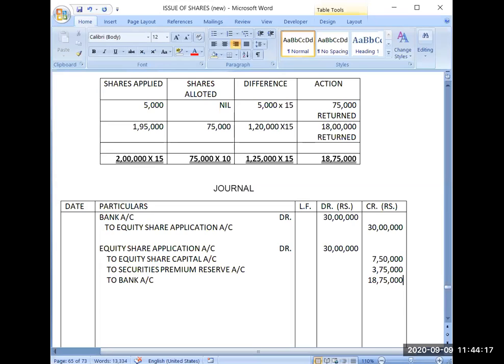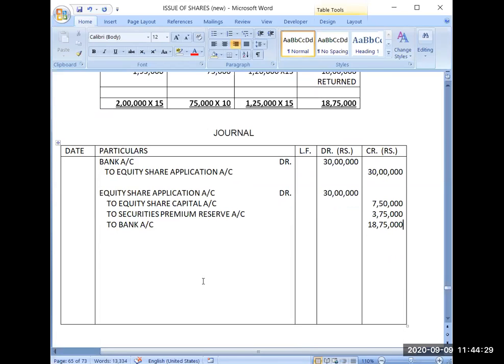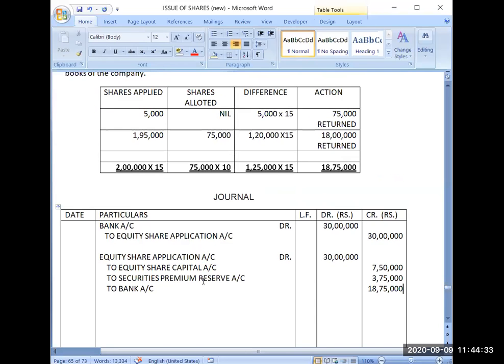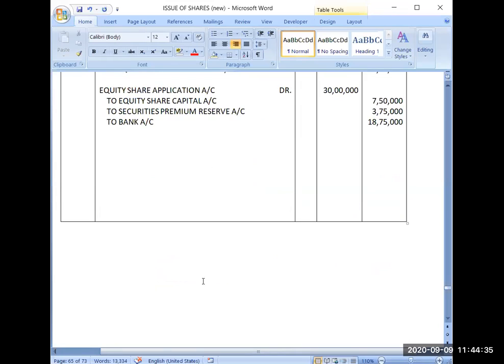But you have to be logical about what I am doing and why I am doing this. If you know your steps, you will never get confused. Clear? This way the question is completed.